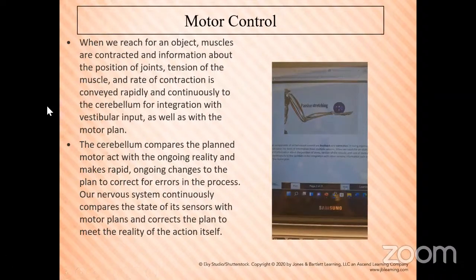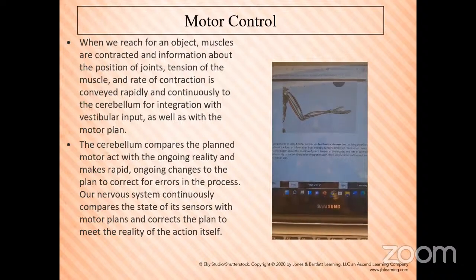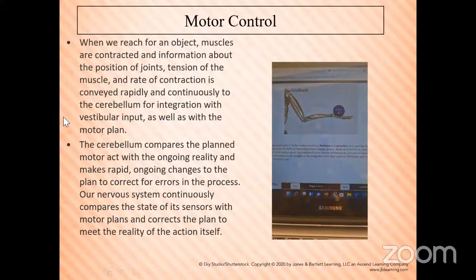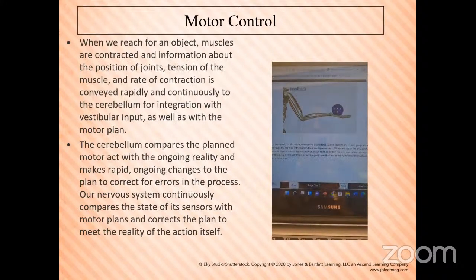You can see what can happen in the video, which I'm going to show. There is a feedback mechanism: active contraction, passive stretching. Feedback goes to the brain to adjust, through the cerebellum, the trajectory and the speed required. The same thing applies to the tongue also; the tongue also has to be controlled.